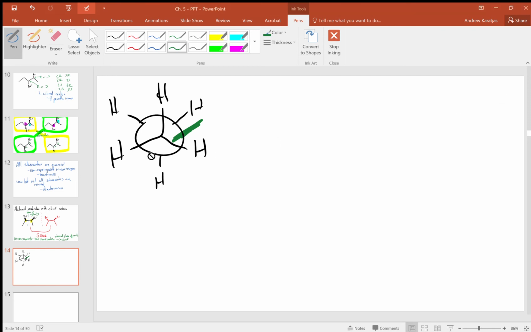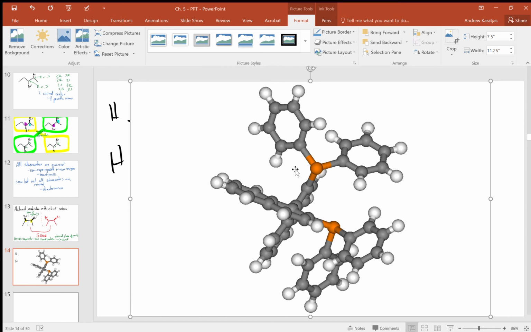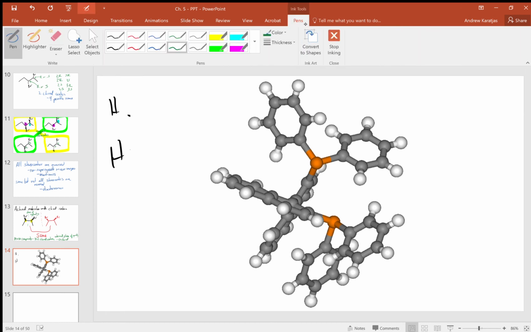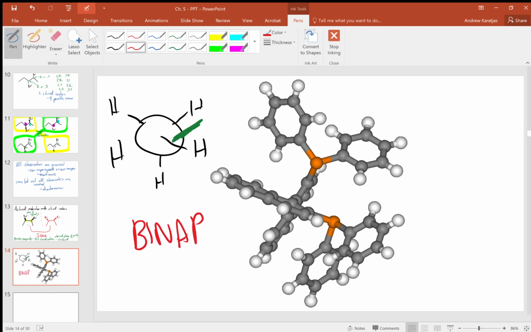And probably the best known example of that, or one of the best known examples, is this molecule. So this is known as BINAP. Basically it's these aromatic rings, these two planes of aromatic rings. Because of how large they are, they can't actually rotate.